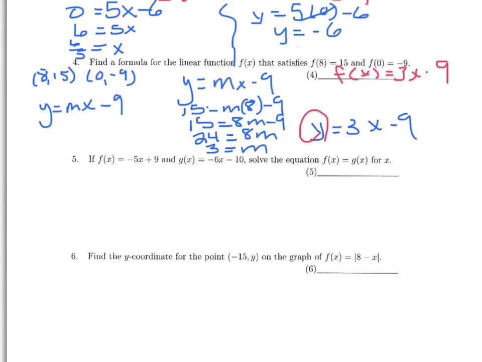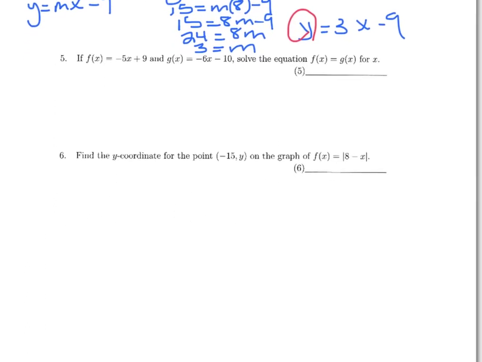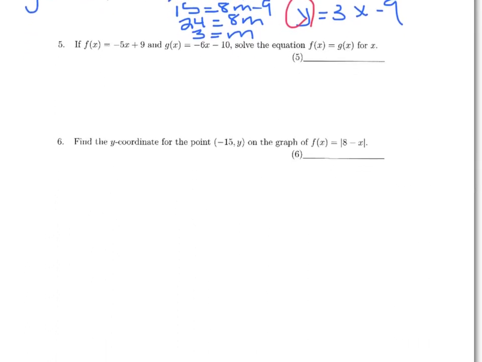Now for number 5. For number 5, we're given two functions, negative 5x plus 9, negative 6x plus 10. Solve this equation, and so you're really setting them equal to each other. And we're trying to find x, so let's set them equal to each other.